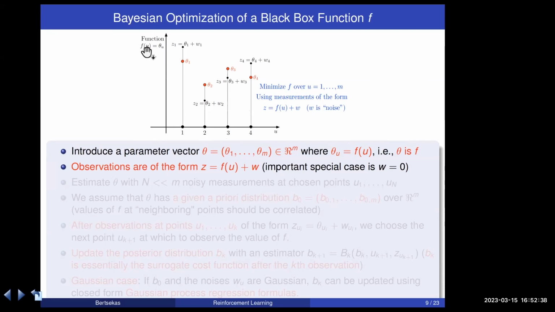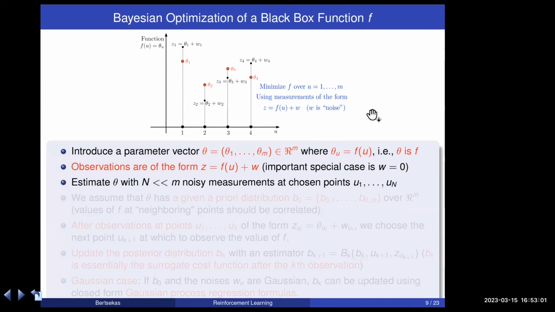So this is the function f of u, and its domain is these points here. What we want to do is estimate theta, estimate the function itself, with a number of measurements that's much less than the total number of points.